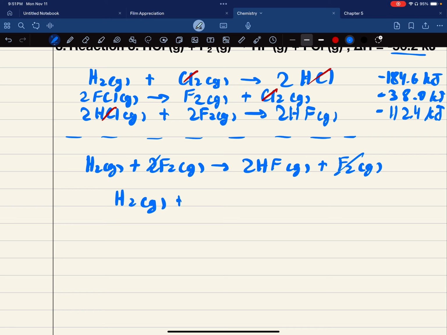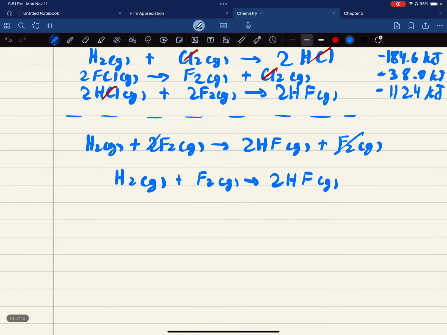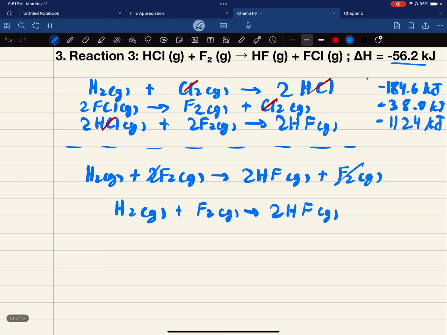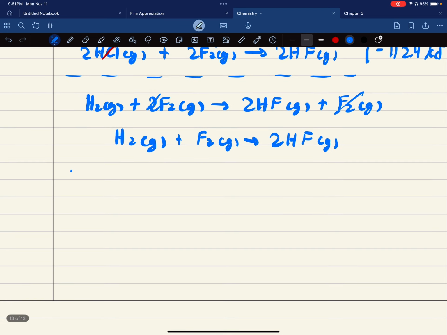So that gives us 2HF. So we're not going to forget about the enthalpies over here. We're actually going to add them up, and that would give us our main delta H or enthalpy change.